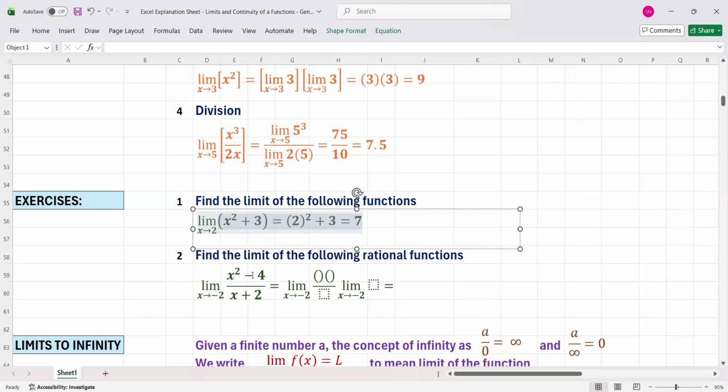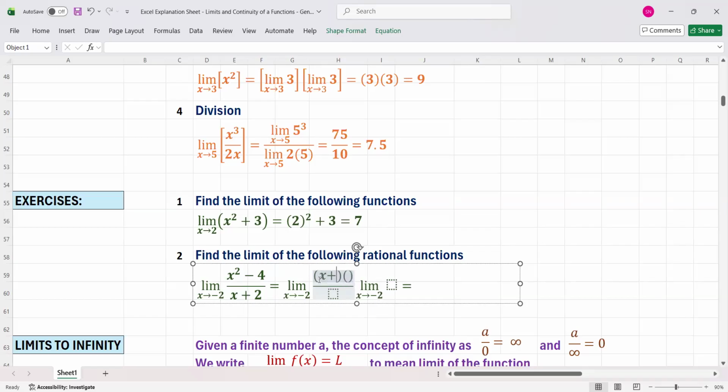Okay. And then for this one, find the limit of the following rational function. This one, first of all, you must expand this. x squared minus 4. Is it not a difference of 2 squares? So this should give you x plus 2 times x minus 2.